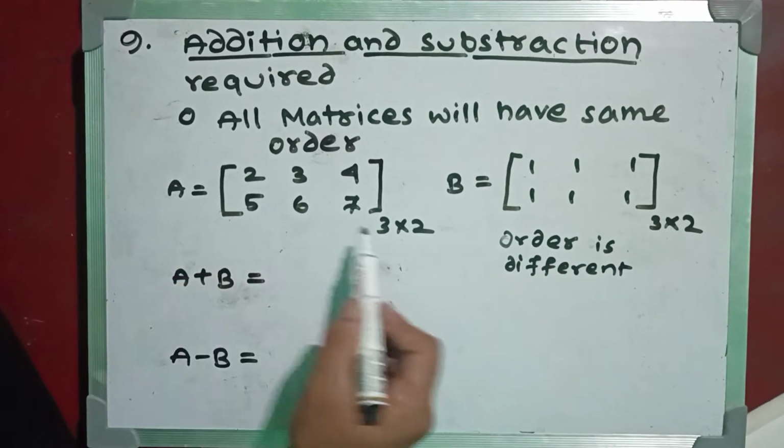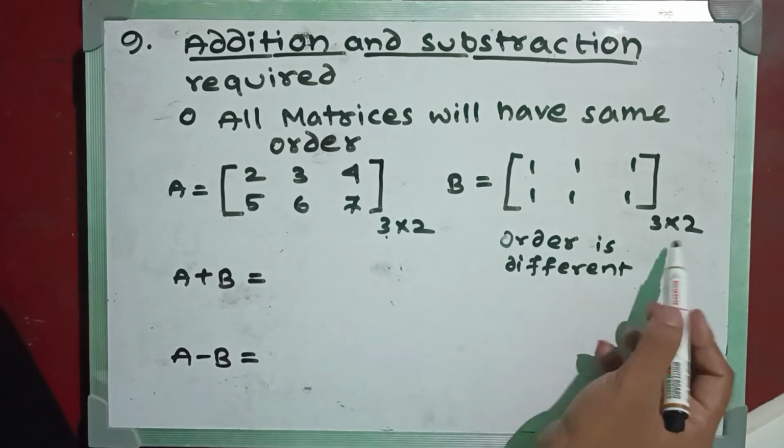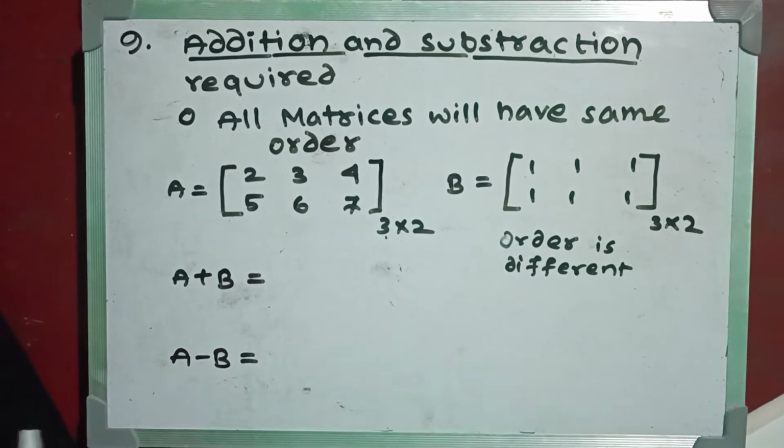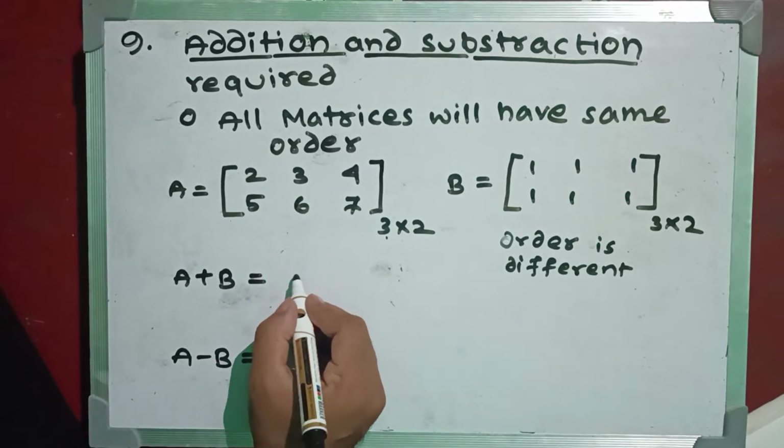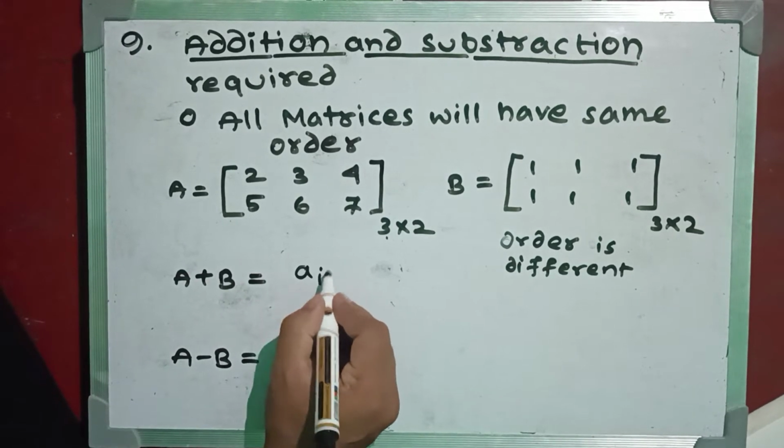So here we have the same order, 3 cross 2 and 3 cross 2, so we can do the addition. For doing the addition, we will add the corresponding elements.